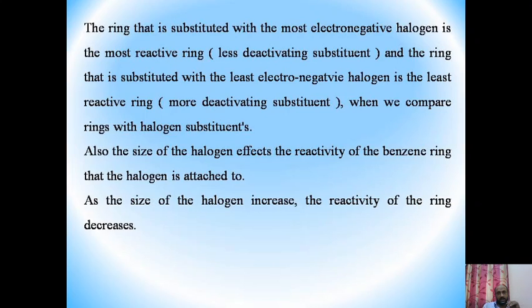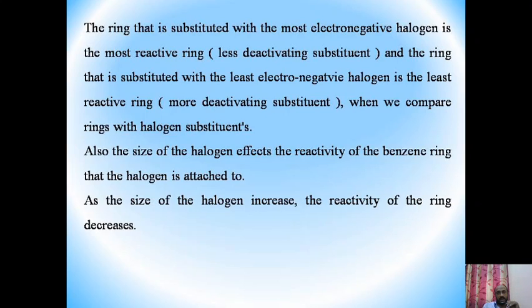And the ring substituted with the least electronegative halogen is the least reactive ring, with the more deactivating substituent. That means a group with less electronegativity is a more deactivating group, and it will deactivate the ring more than a more electronegative group.